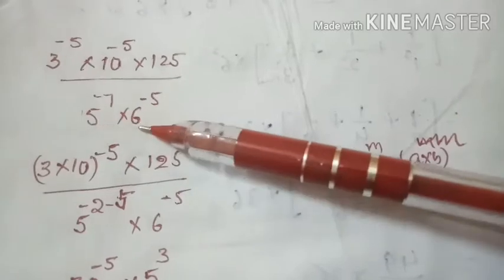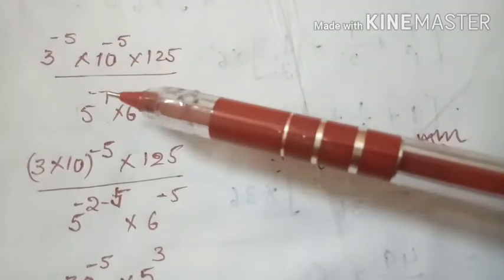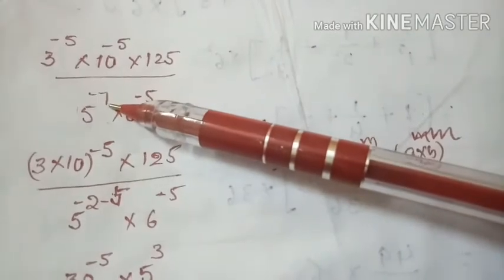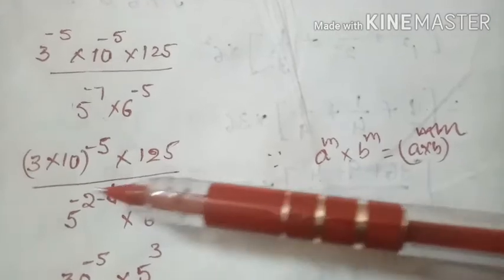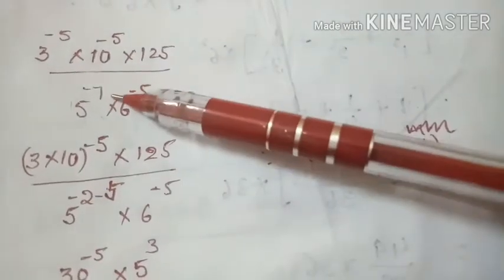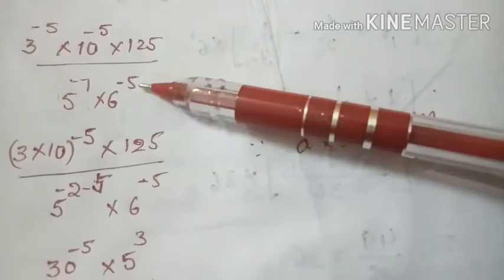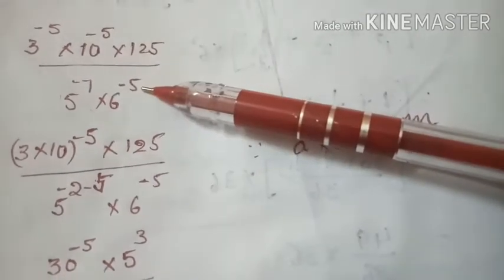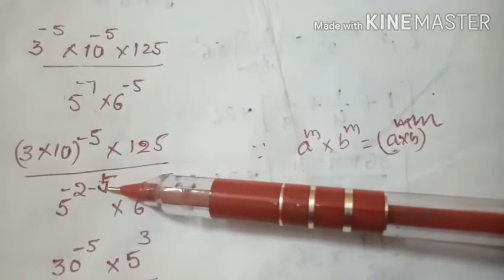Here also the two bases are different and powers are also different. Shall I convert minus 7 as minus 5 minus 2? Yes. So minus 2 minus 5 is equal to minus 7. Why I converted: here we have minus 5, so I converted minus 7 as minus 2 minus 5. Okay.